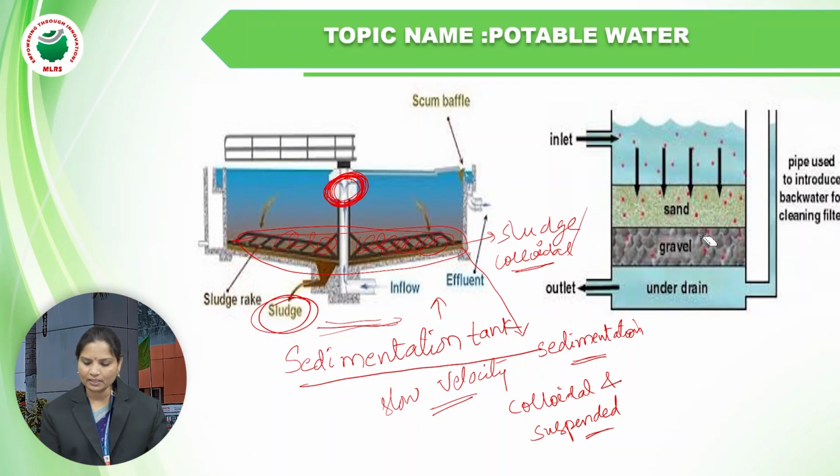In the filtration tank, there are three types of filtration layers. One is the fine sand layer, the second is the coarse sand layer, and the third is the gravel sand layer.